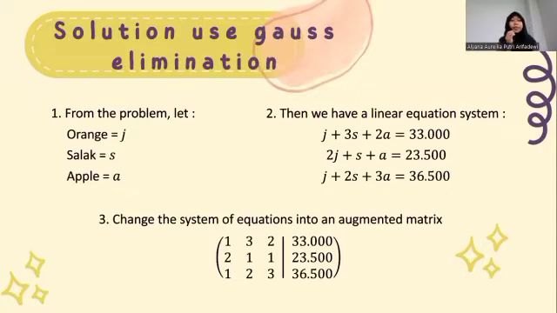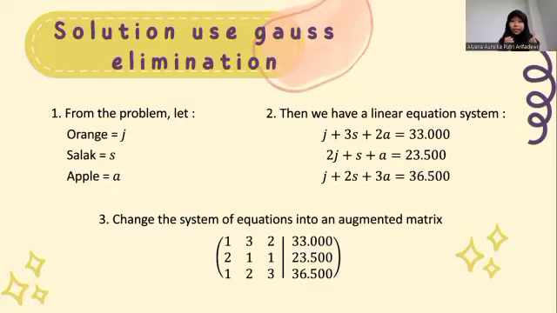So next we will solve the problem that we have before, from the explanation that we explained. The solution uses Gauss elimination. Step one: from the problem, let orange be equal to G, salad be equal to S, and apple be equal to A. Step two: then we have a linear equation system.